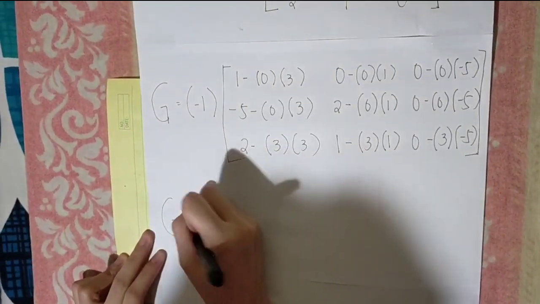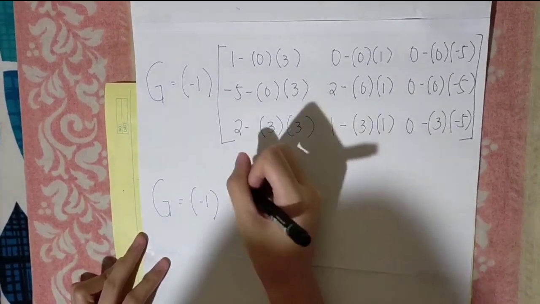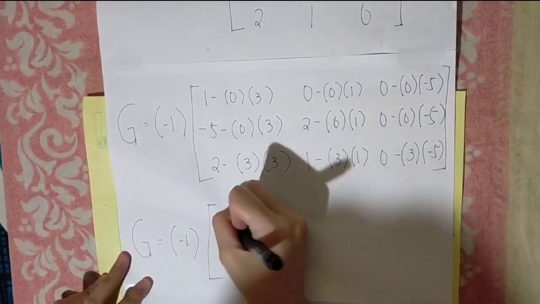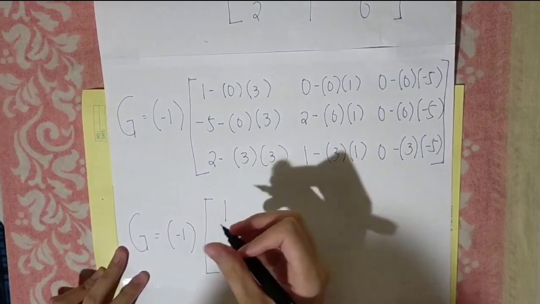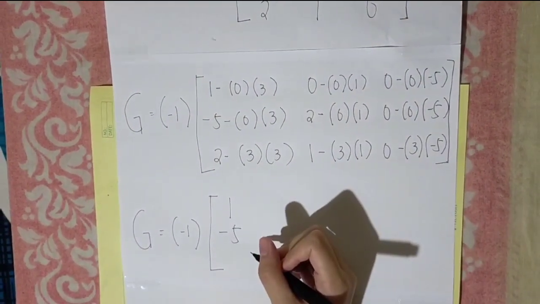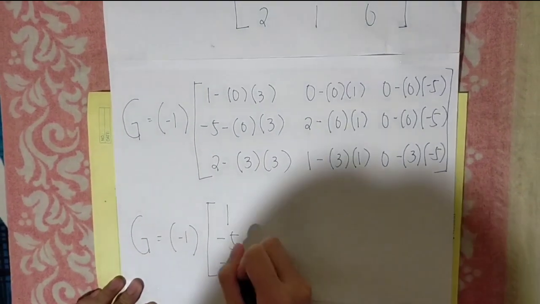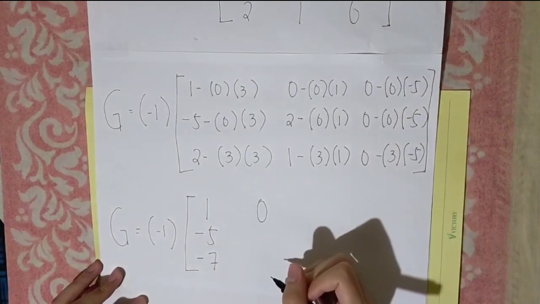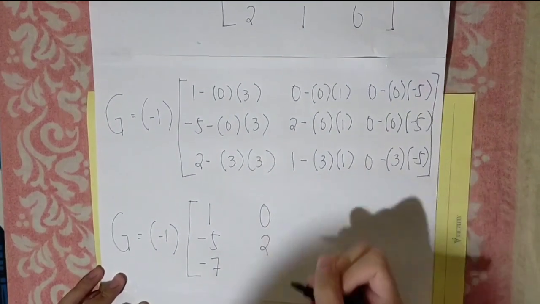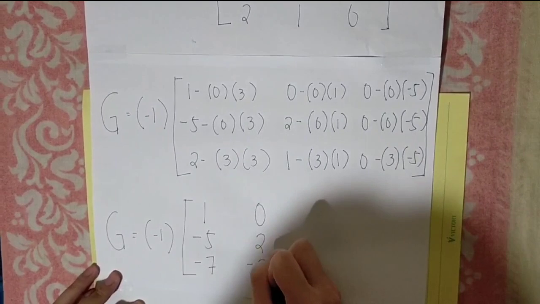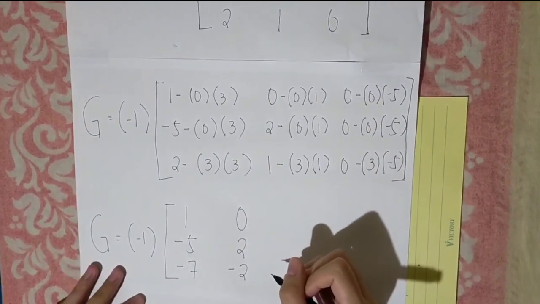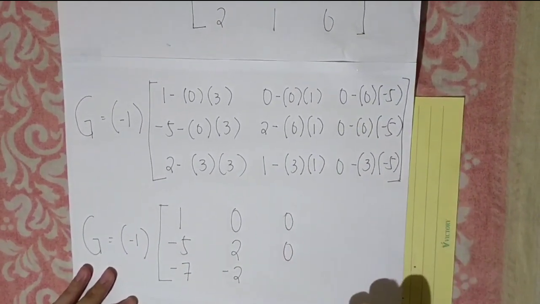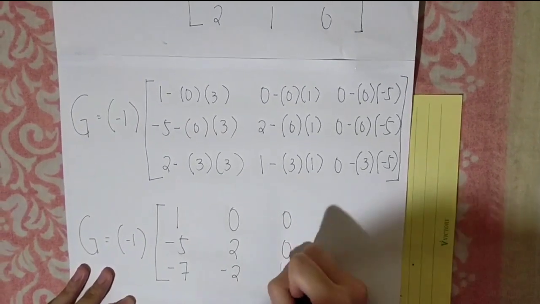Then G equals -1 times the determinant. 1 minus 0 times 3 is 1, -5 minus 0 times 3 equals -5, 2 minus 3 times 3 equals -7, 0 minus 0 times 1 is 0, 2 minus 0 times 1 is 2, 1 minus 3 times 1 is -2, 0 minus 0 times -5 is 0, 0 minus 0 times -5 is 0, 0 minus 3 times -5 is 15.